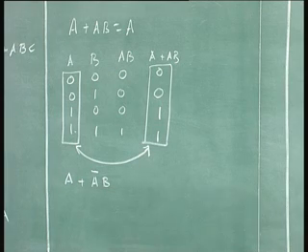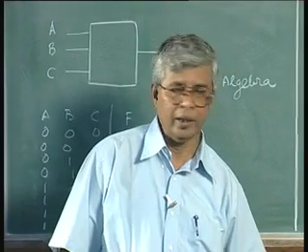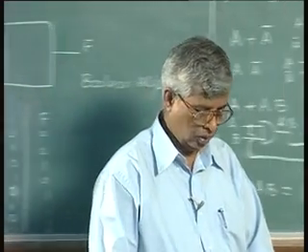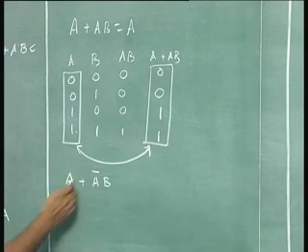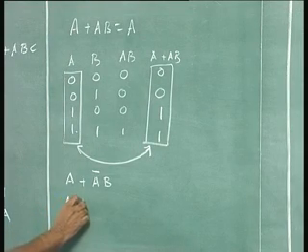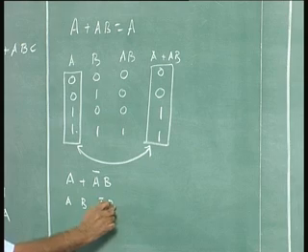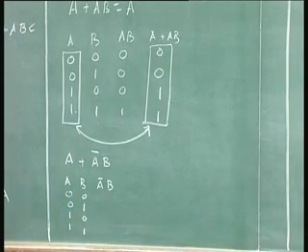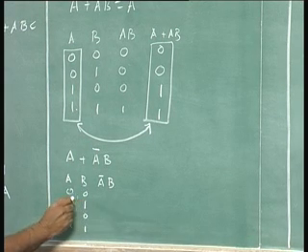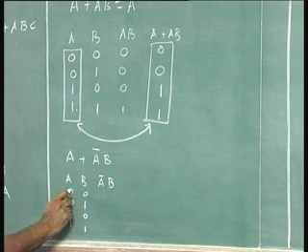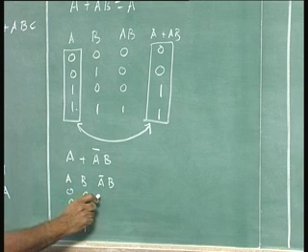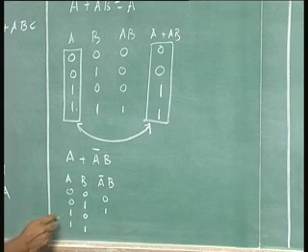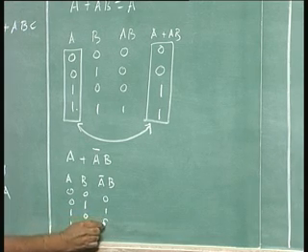A OR NOT A AND B. You can just write this if you want to, A, B. This is 0 because B is 0, this is 1, this has to be 0 because B is 0.